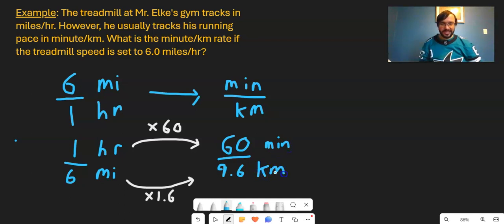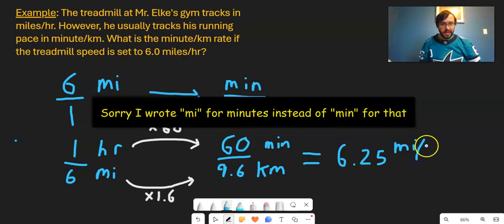Now we're almost done. We still have to work out 60 divided by 9.6 just to simplify this a bit more. So 60 divided by 9.6, that gets us 6.25 minutes per kilometer.